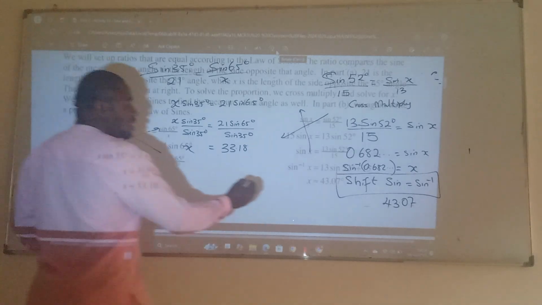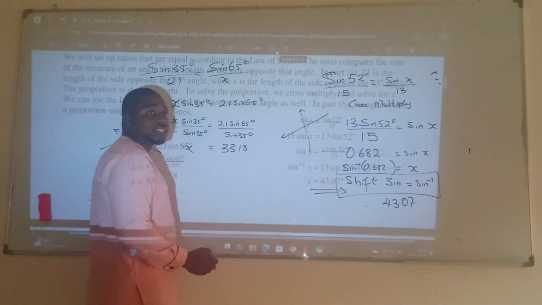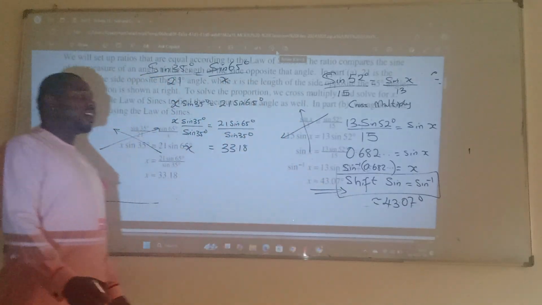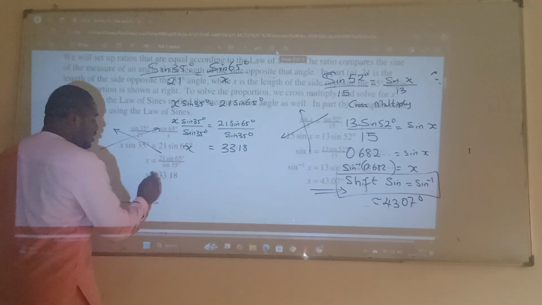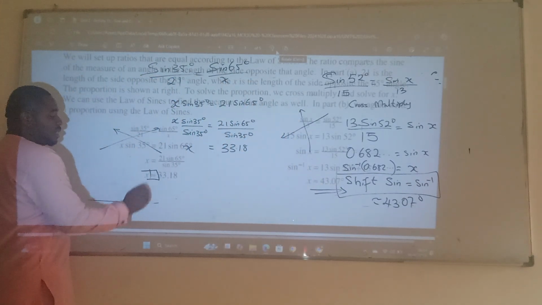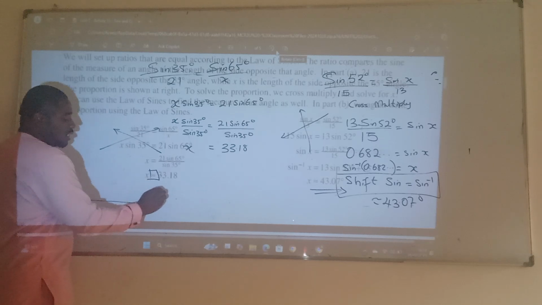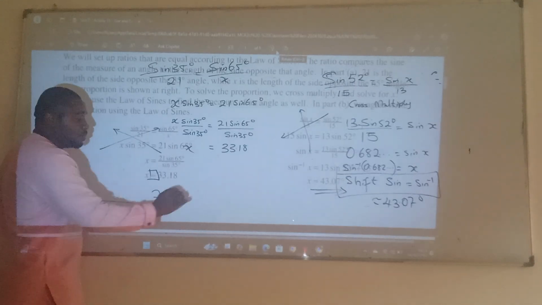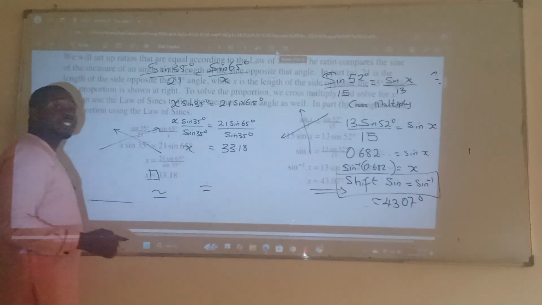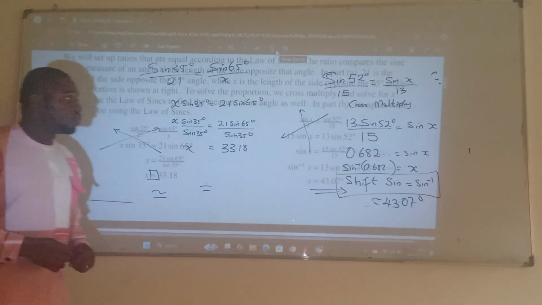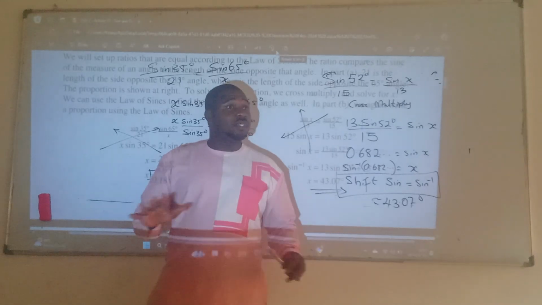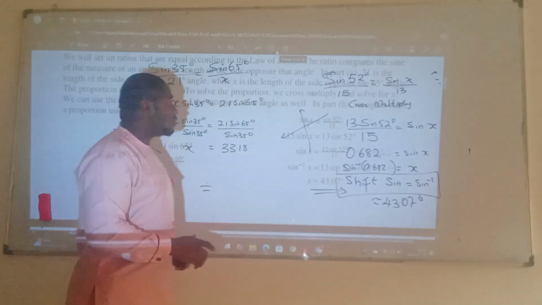This is approximately 43.07. When you see this symbol, it simply means approximately. In some textbooks, you may see something like this. It's still an approximate solution. Do you have any question about this? It's straightforward.